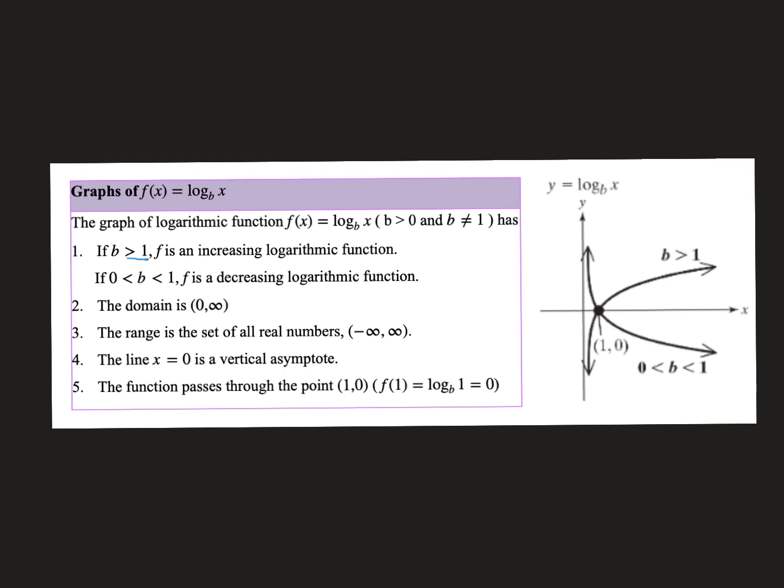The domain is going to be (0, infinity). Why? Where is the domain coming from, guys? The domain of the logarithm is the range of the exponential function. The range is going to be all real numbers, coming from the domain of the exponential function.